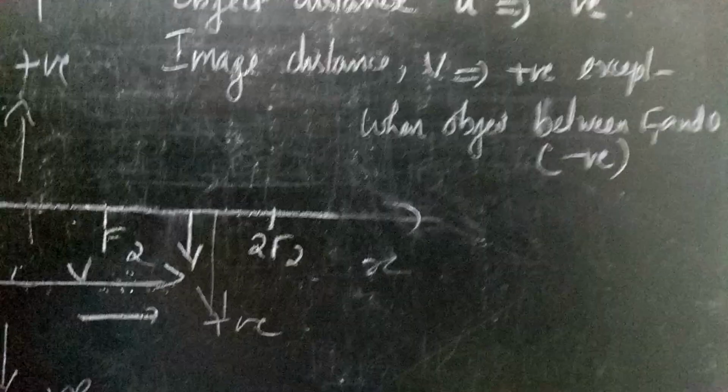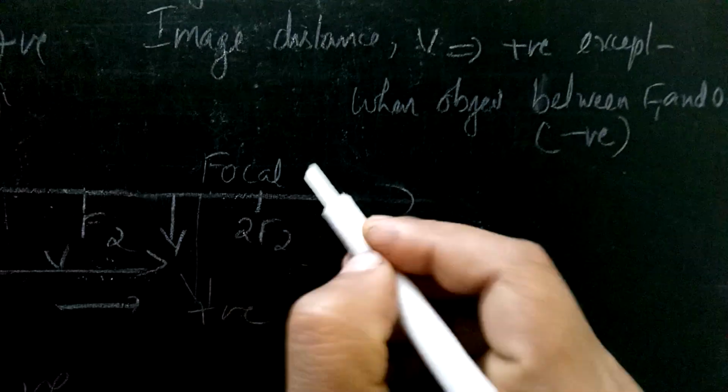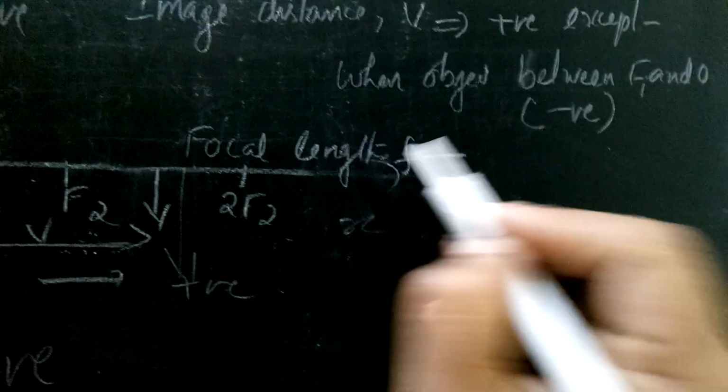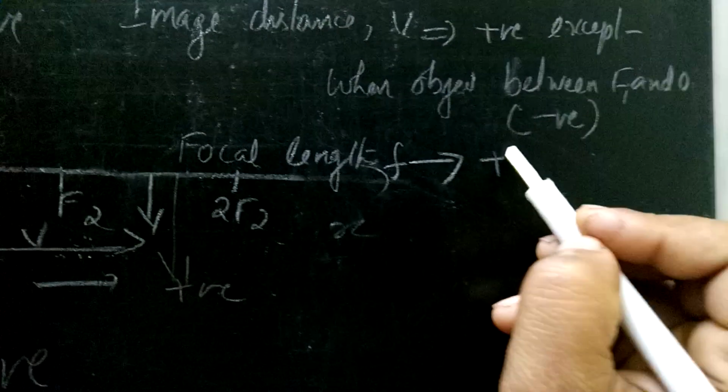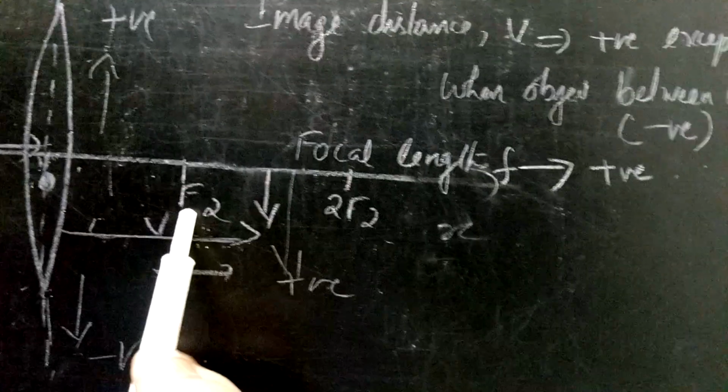Now the focal length of a convex lens, that is f, is always positive because light rays converge on the right side.